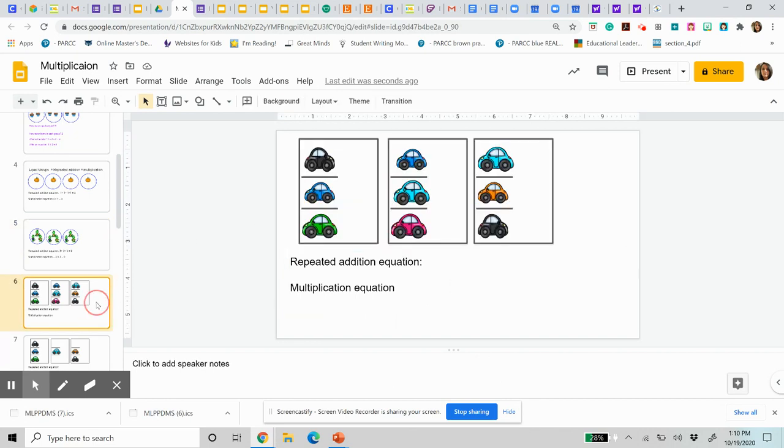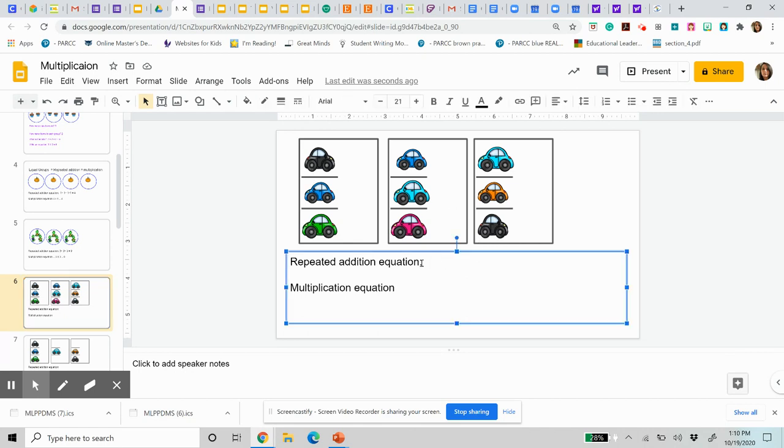All right, let's look at another one. There's a parking garage. Each parking garage holds 3 cars. Again, the garage is the group, and there's 3 cars in each group. If I said repeated addition, it would be 3 in the first garage, plus 3 in the second garage, plus 3 in the last garage.